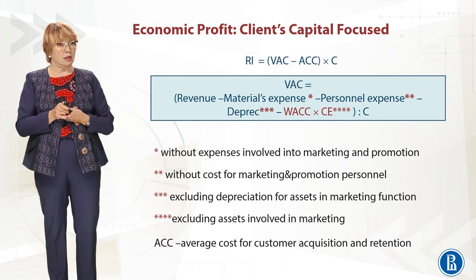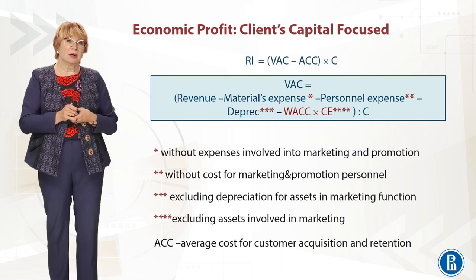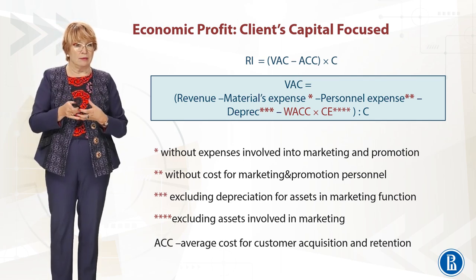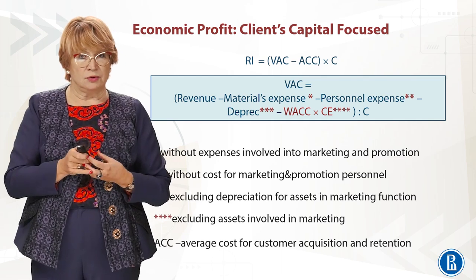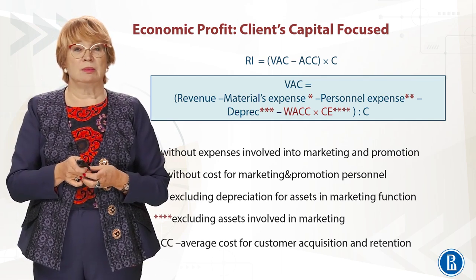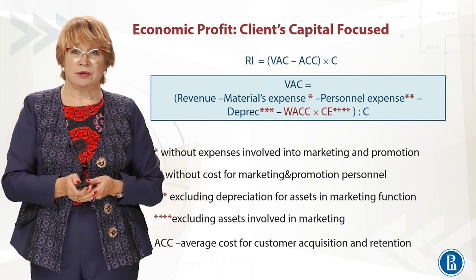If value added per customer is lower than the average cost to get the customer, to acquire the customer, and to retain the customer, then economic profit is destroyed by this major predominant resource. And you see, this is really very smart logic to be really focused on that critical type of the resource.